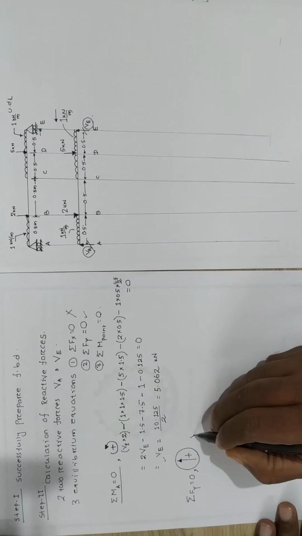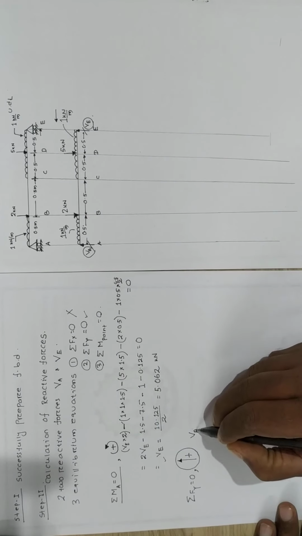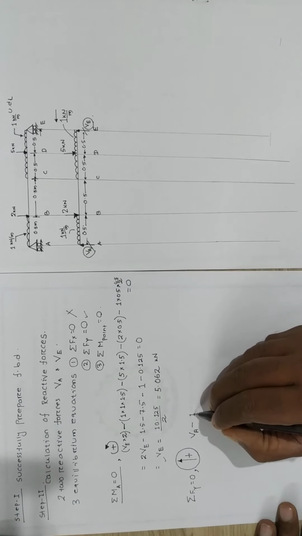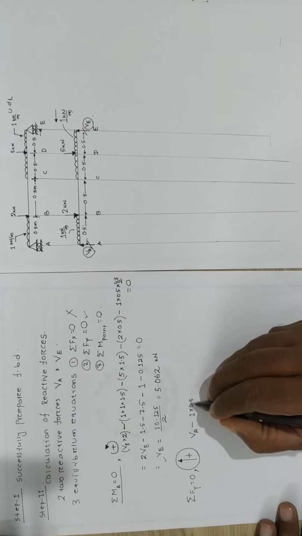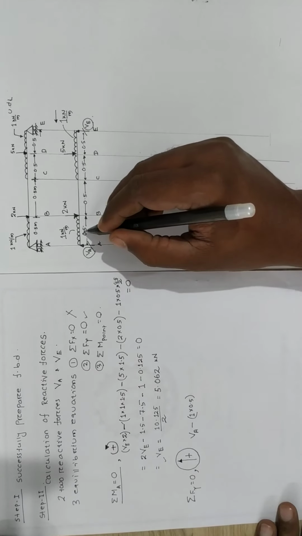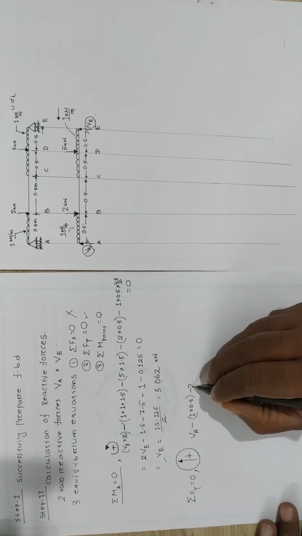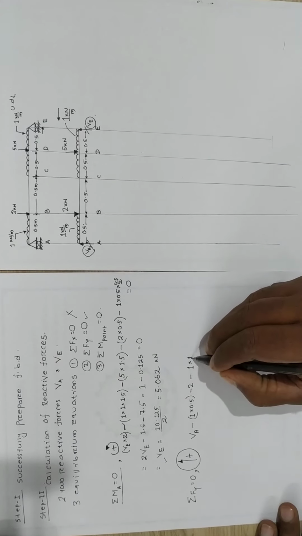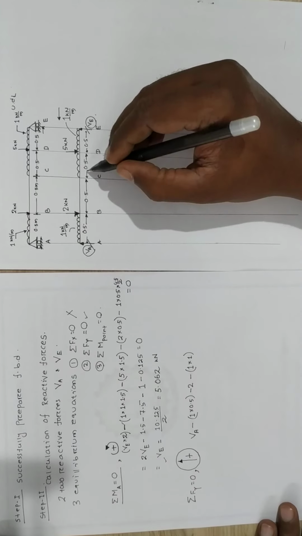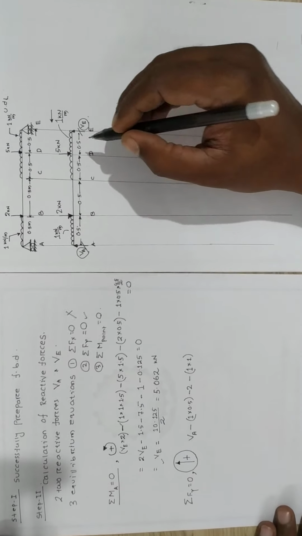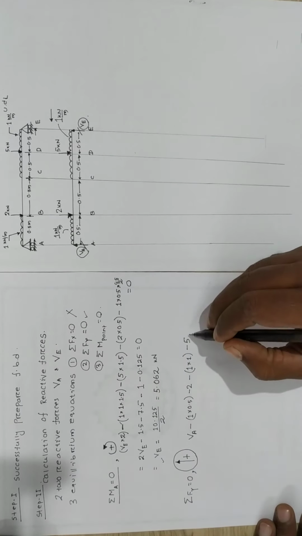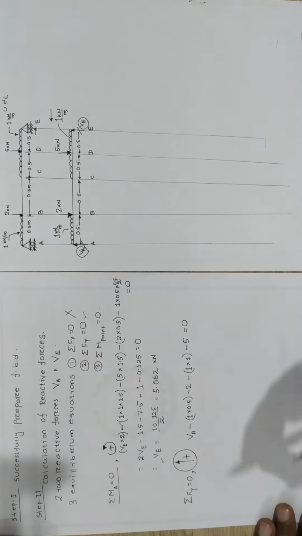So this equation I can write: VA minus, for this UDL, 1 into 0.5, because this is coming downward in nature, minus 2, minus 1 into 1 for this UDL spread over the length of 1 meter, and minus 5 kilonewton for this concentrated load, equal to 0.